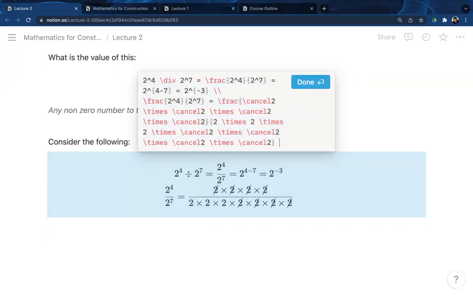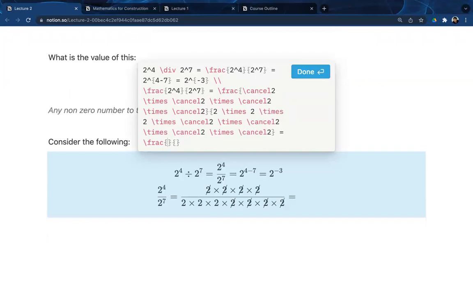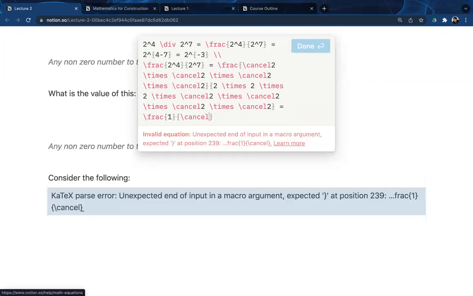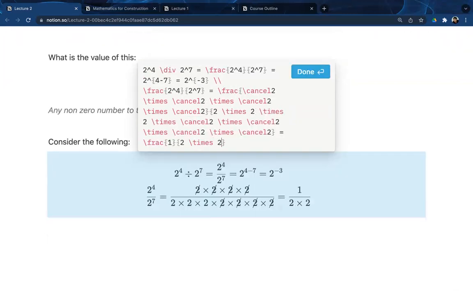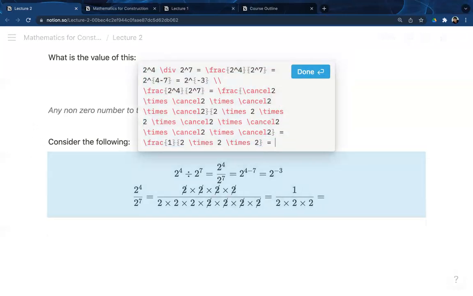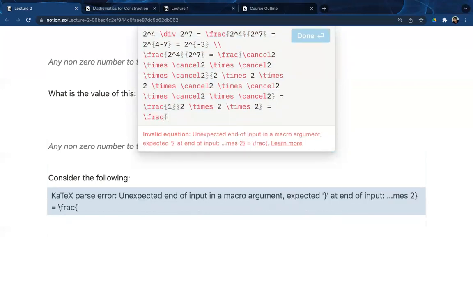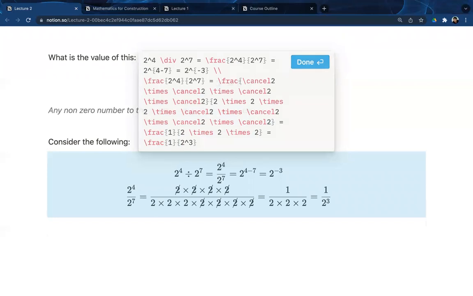What is the fraction that I end up with? Well, the numerator is 1. And the denominator is 2 by itself 3 times, which is 2 to the power 3. So we get 1 over 2 to the power 3.